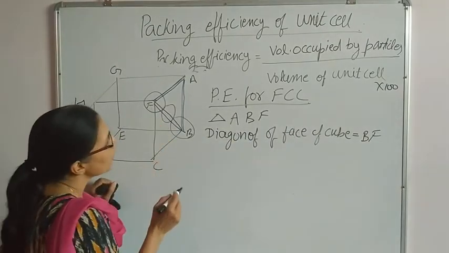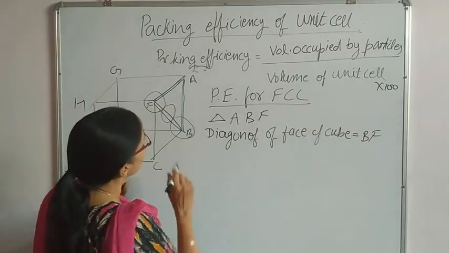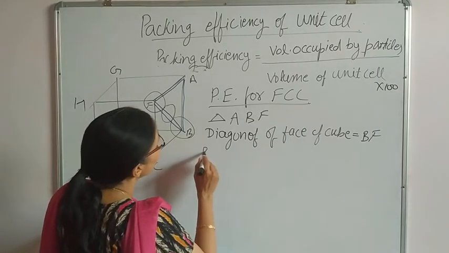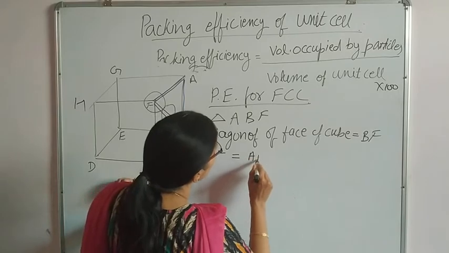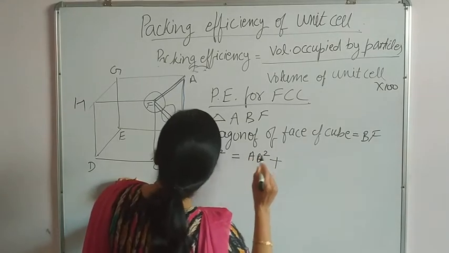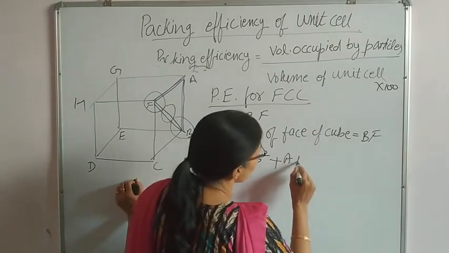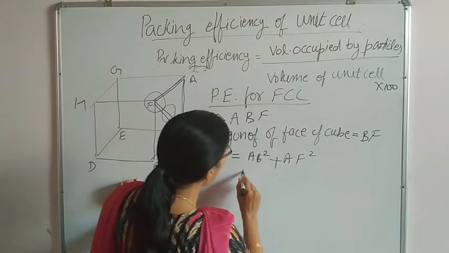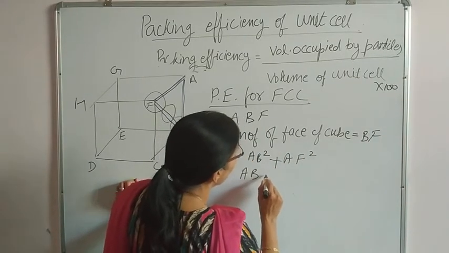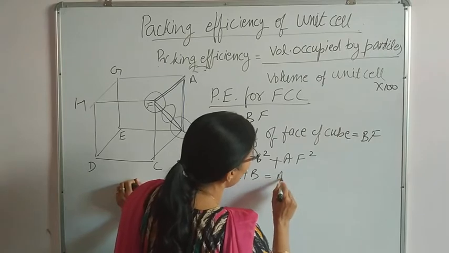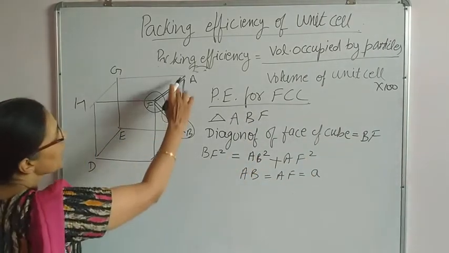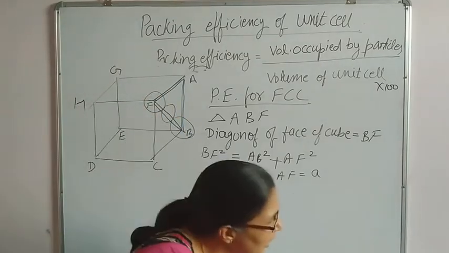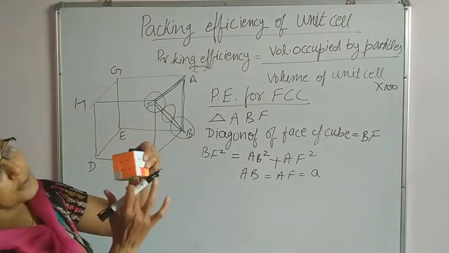Now, how much is BF? BF square is equal to AB square plus AF square. You know that AB and AF are equal to the edge length; all the edges of a cube are similar.